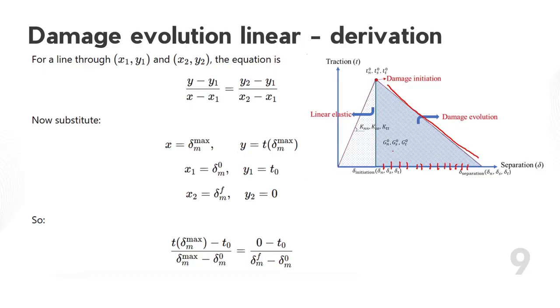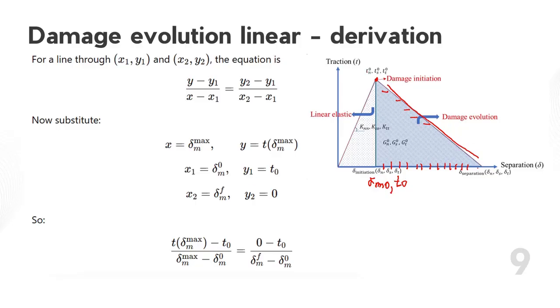Once you increase the x, or in general delta max, you will be obtaining some decreasing of the tractions. So x1 is equal to delta m0, so x1 is basically here, delta m0, and y1 is t0. So we are here. This is t0 at the damage initiation.